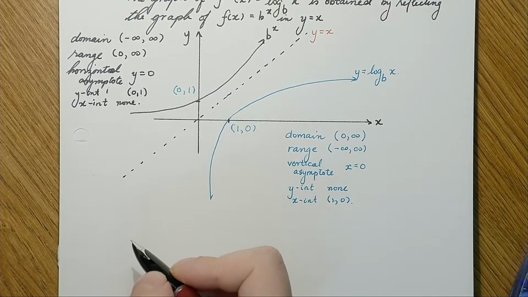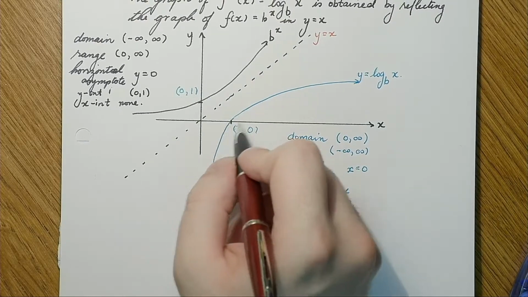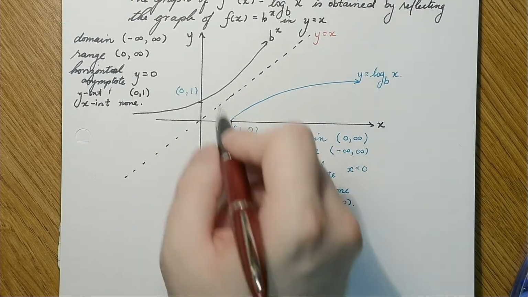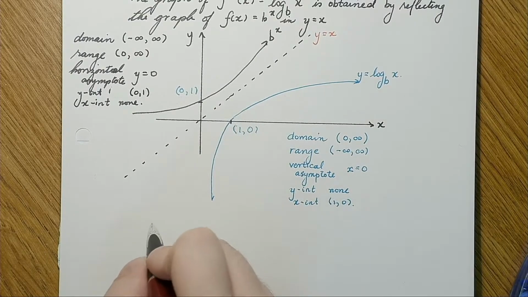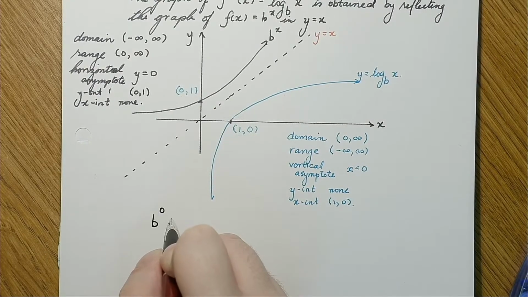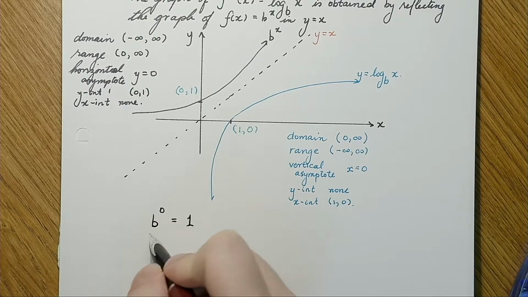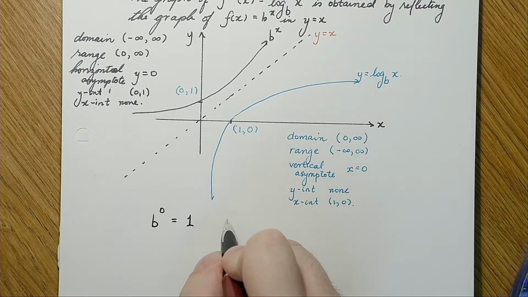Okay, so that's important, noticing those points right there. So I had said previously that b to the 0 is equal to 1. So for any base, to the 0 is always going to equal 1.